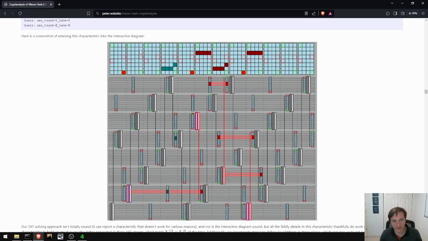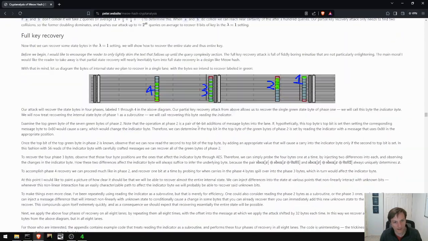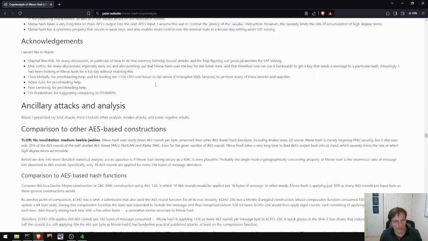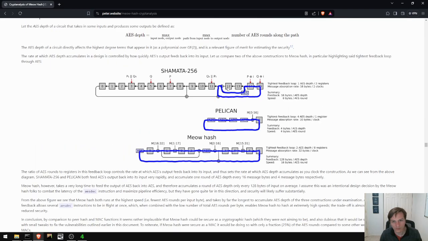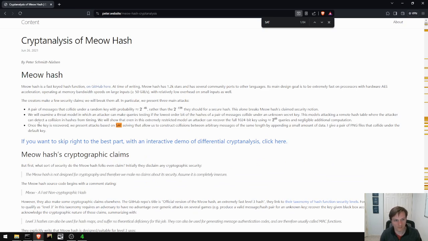I don't know if this is the interactive version, but it looks like that thing I just passed by. Where is the interactive version? Yeah, but you can see that they talk about how they use a SAT solver to accomplish this.